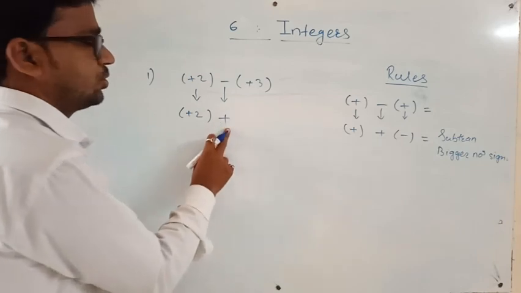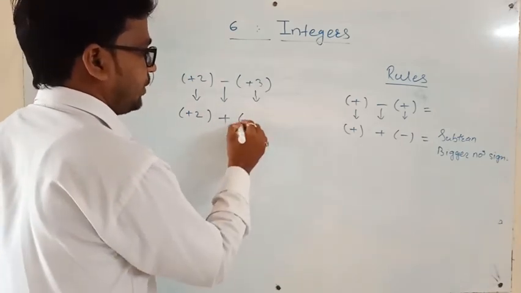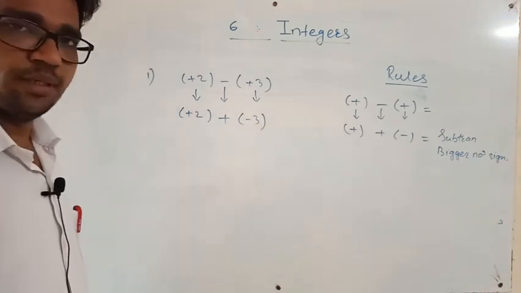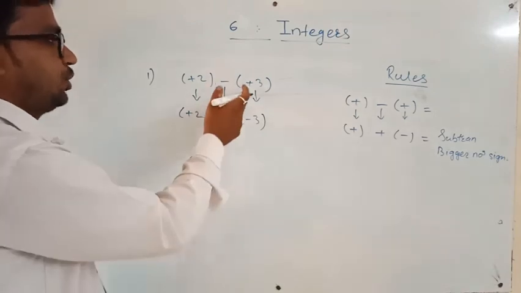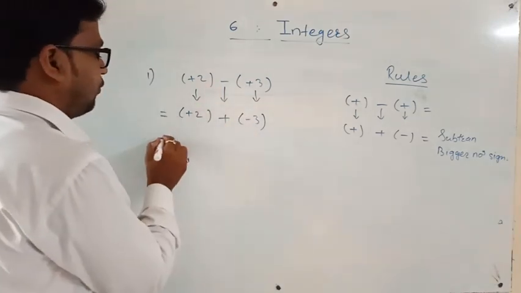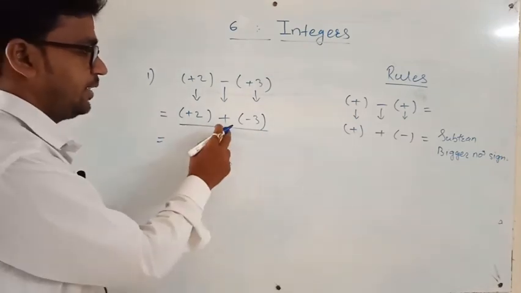Subtraction is there, so we do the addition. Now the additive inverse of positive 3 is negative 3. Additive inverse means the opposite sign. The number is the same, but the sign will be changed. So here positive 3 is there, here it is negative 3. Now we get the addition.